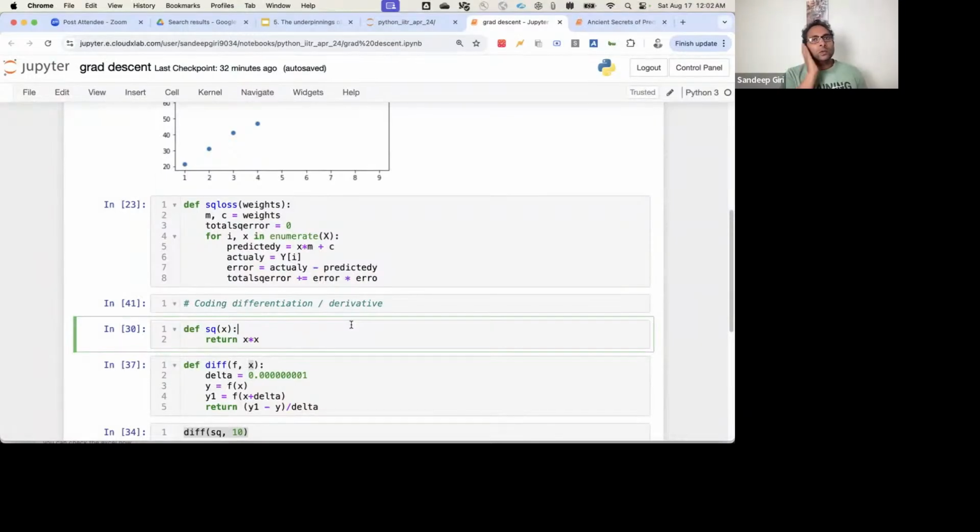And he said, oh, that I don't know. He actually thought that we are going to use standard algebra to do the differentiation. He did not realize that we do the numeric differentiation the way we are doing here.